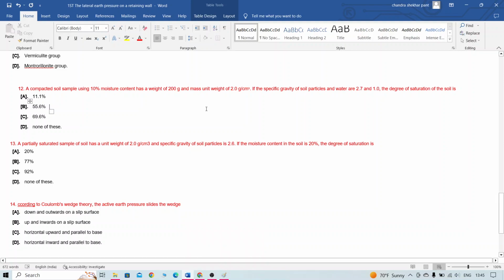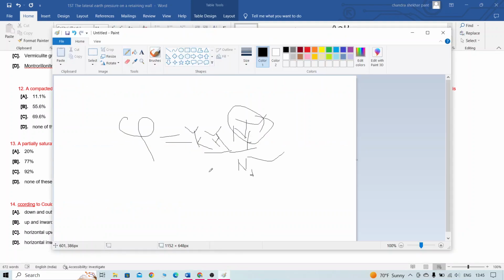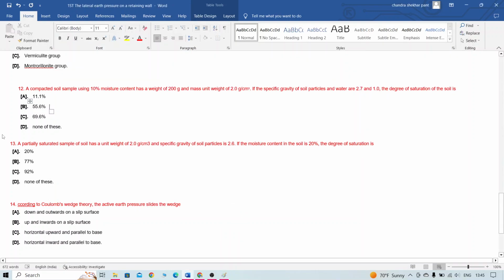We have some formulas. The first formula is gamma d, dry density, equals gamma bulk, or simply gamma, upon 1 plus w. From here we can easily find the dry density of the soil, because we have the moisture content.